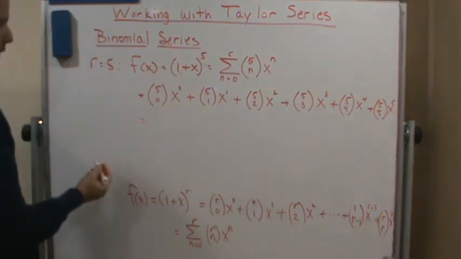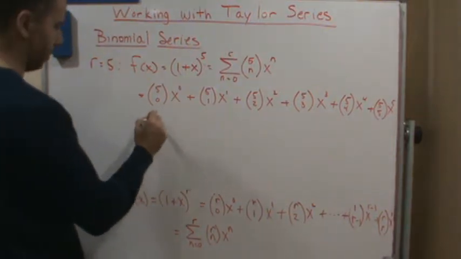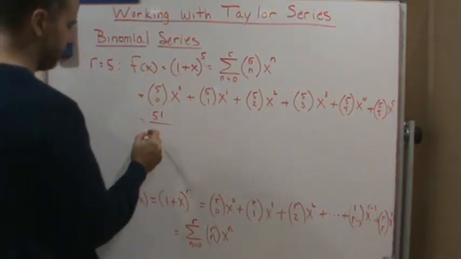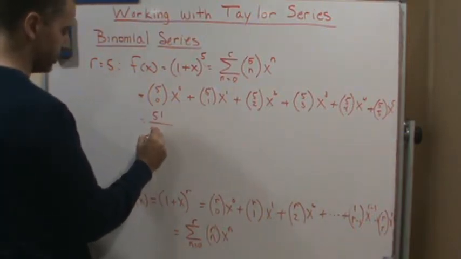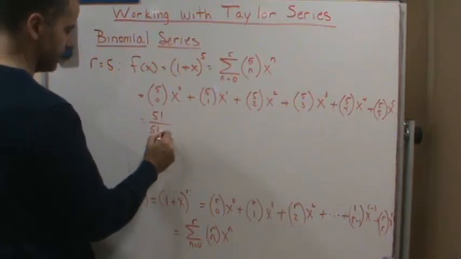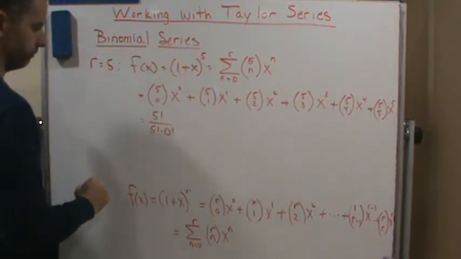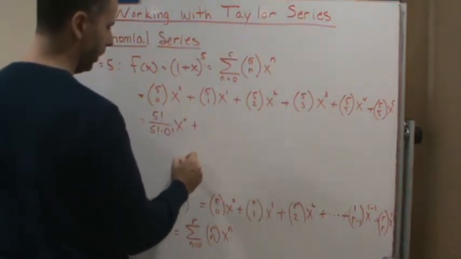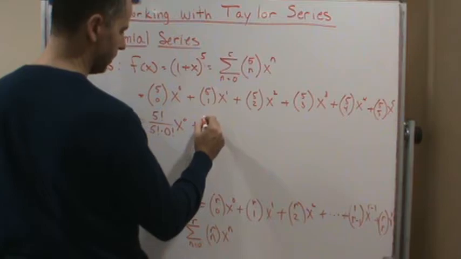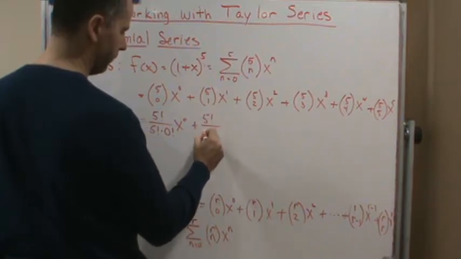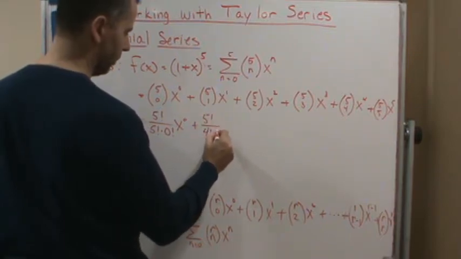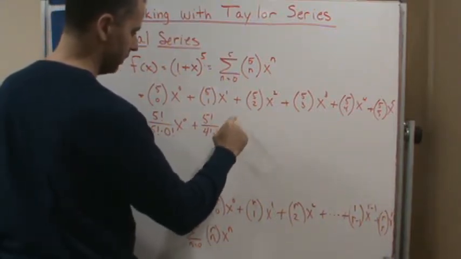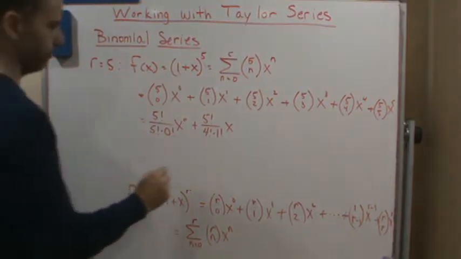Well, now we're going to use our formula. So this is going to be 5 factorial over 5 minus 0 factorial, which is still 5 factorial, times 0 factorial, times x to the 0, plus 5 factorial over 4 factorial times 1 factorial, x.